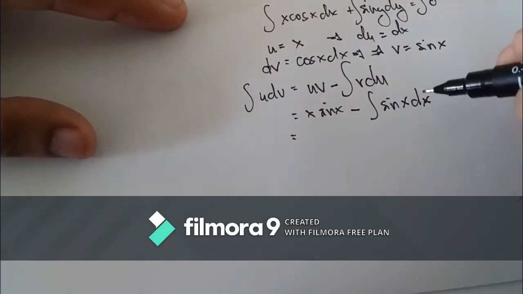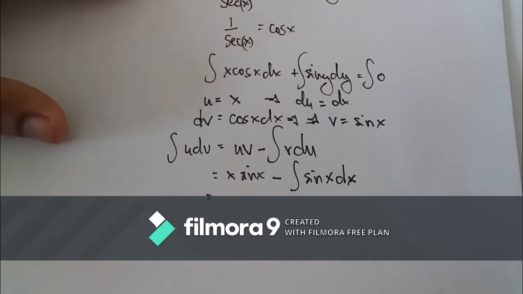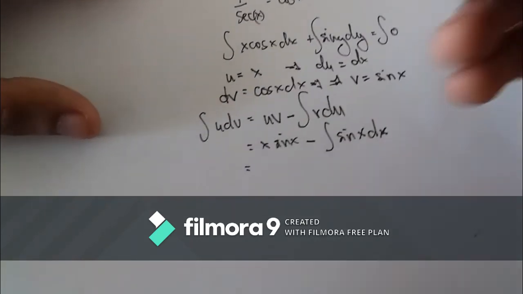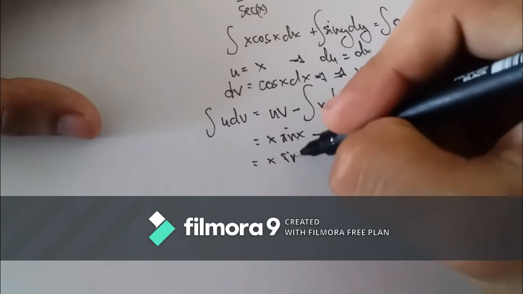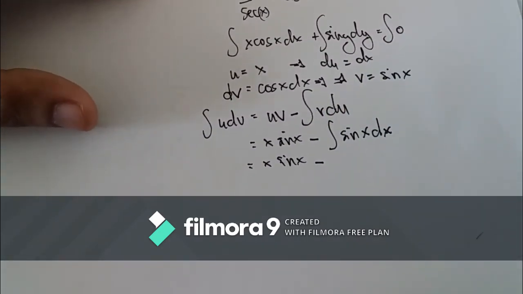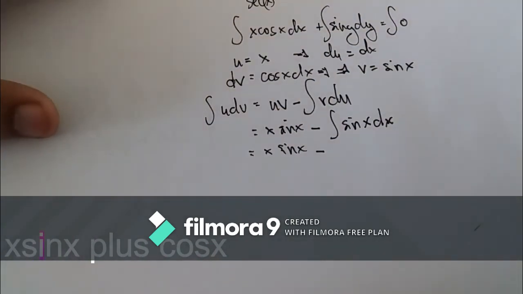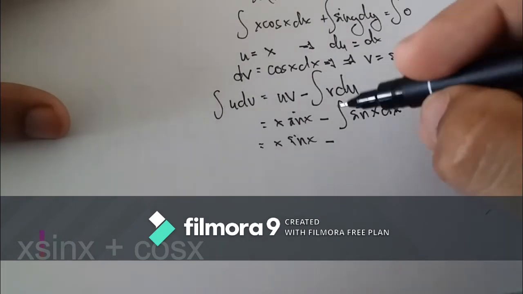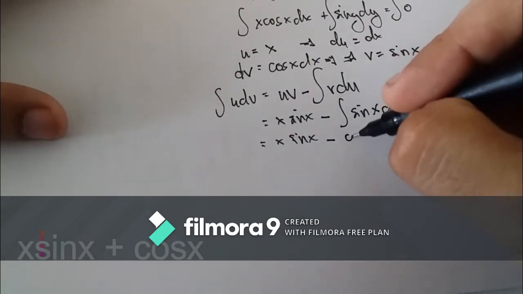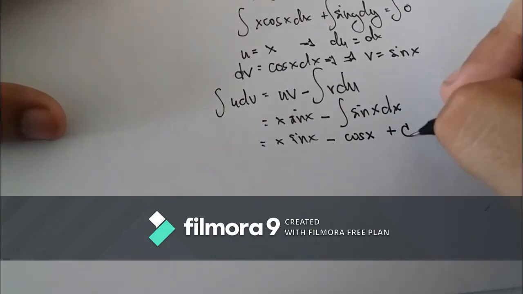So we can now integrate sine x because it is easier to integrate sine x alone. So x sine x minus the integral of sine x, that is equal to, what's the integral of sine x? So this is negative cosine x, plus c.